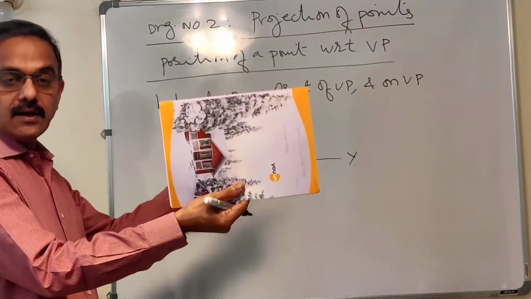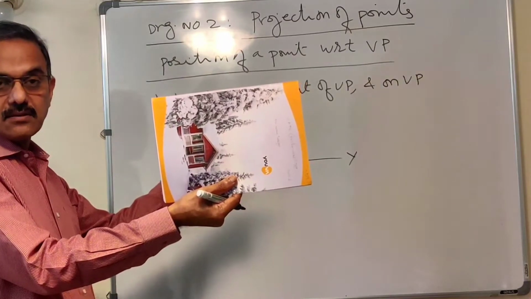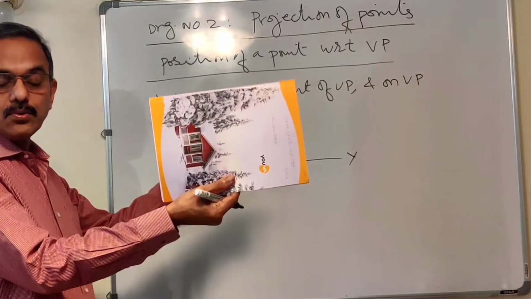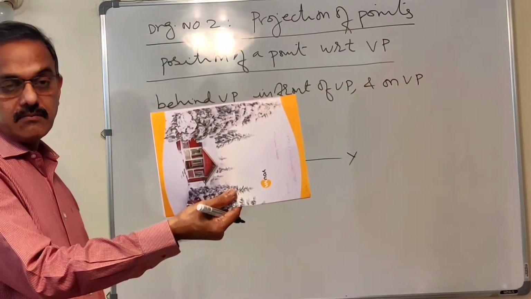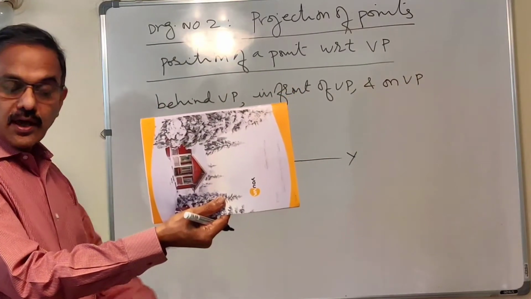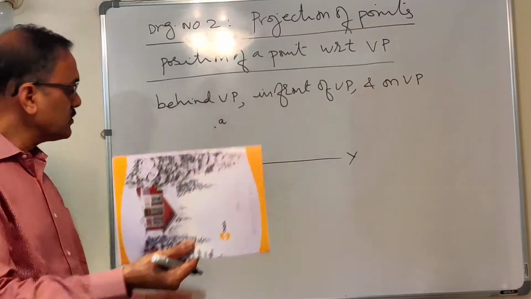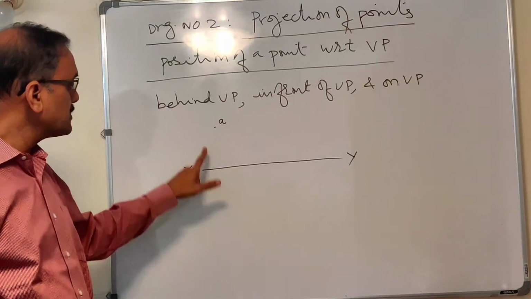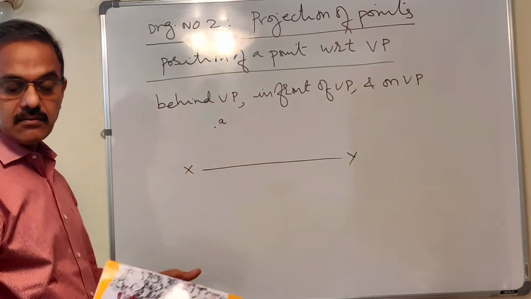The point is behind VP. There is a point, that is the actual point in space. I wanted to get its top view. So what did I do? I projected it onto HP. I get a point. So with reference to the line that you have on the ground, the point has gone above. That is what I have represented. With reference to XY, I have represented the top view of a point above the XY line.